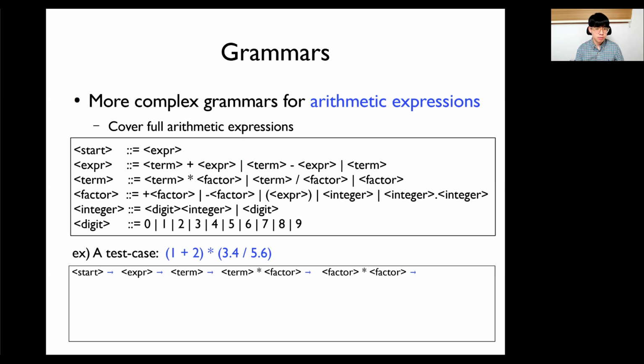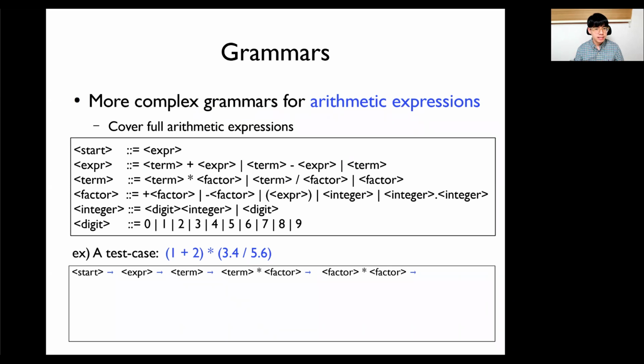And then this term also has three alternatives. Let's select the first one, term times factor, which is the term multiplied by factors. And again, let's replace the left term into the factors.